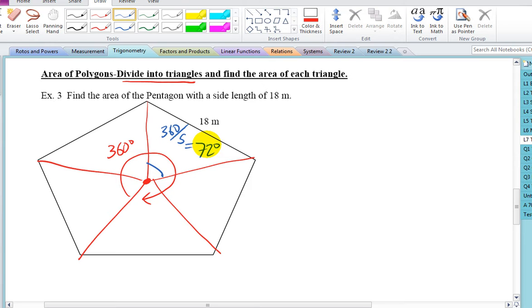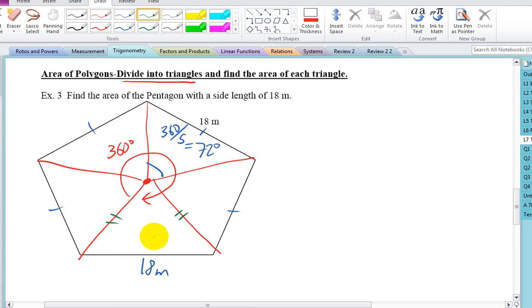But still, we can't find the area of the triangle. And we can't use SOHCAHTOA because we have no right angles. Any ideas? Keep in mind, those are all 18 meters. Also keep in mind that these lengths are equal as well. What kind of triangle is this now?